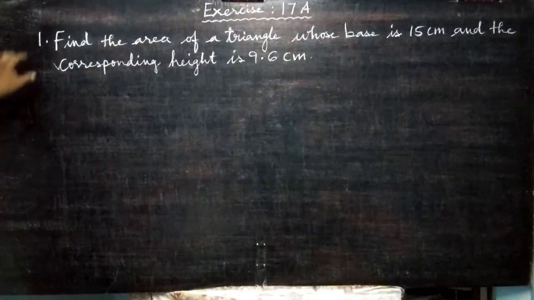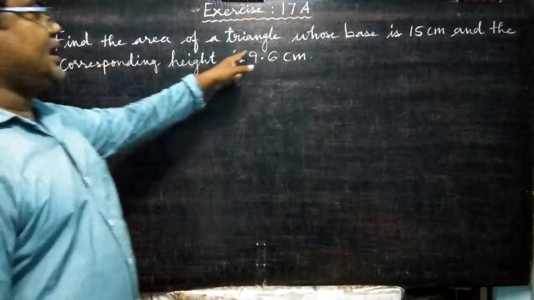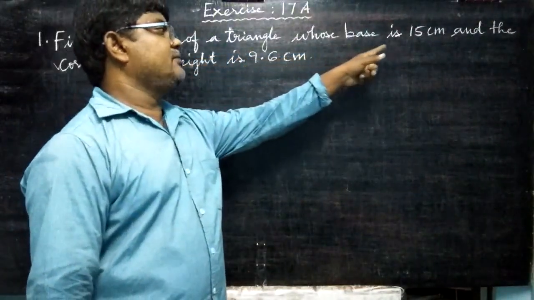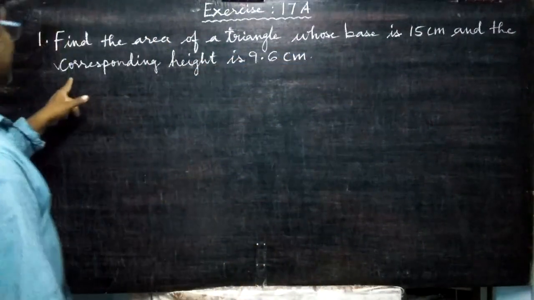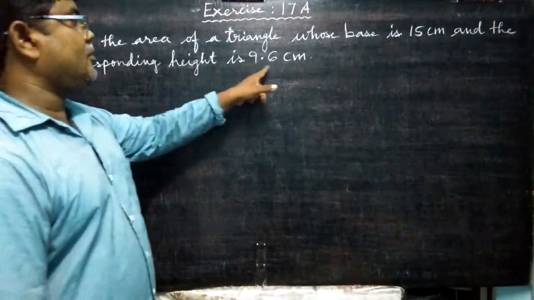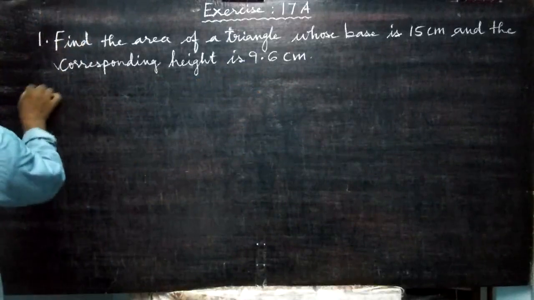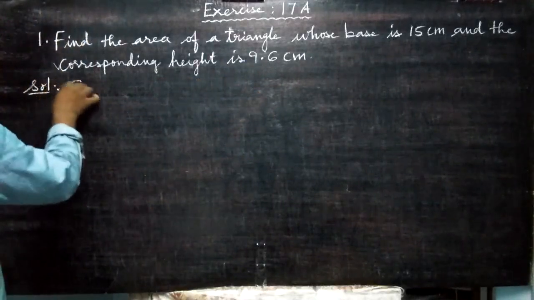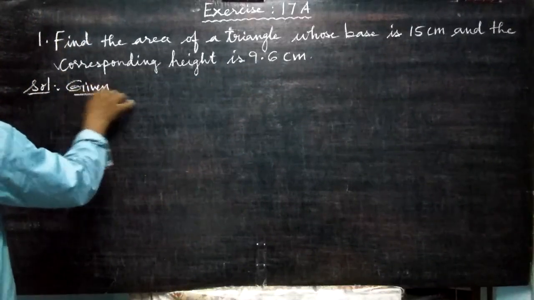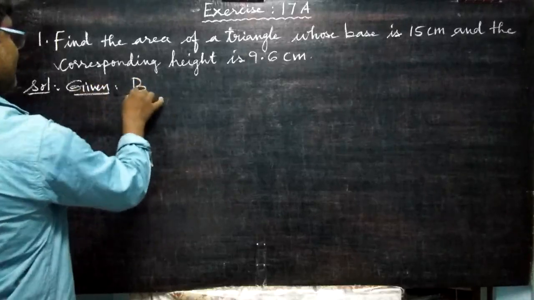Exercise 17A, first problem. Find the area of a triangle whose base is 15 centimeters and the corresponding height is 9.6 centimeters. Solution.